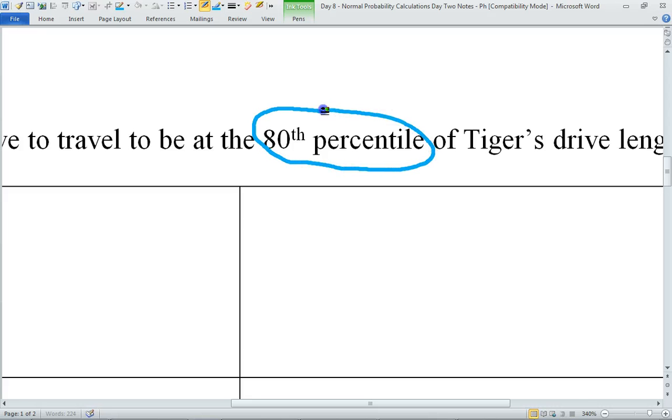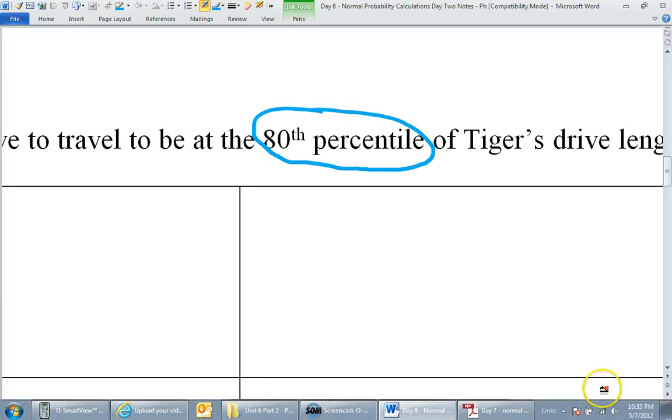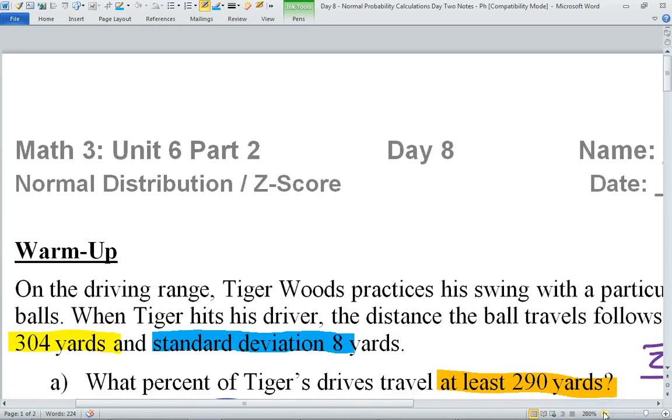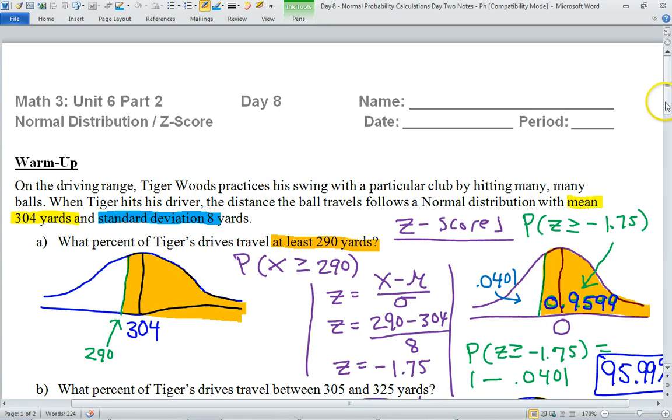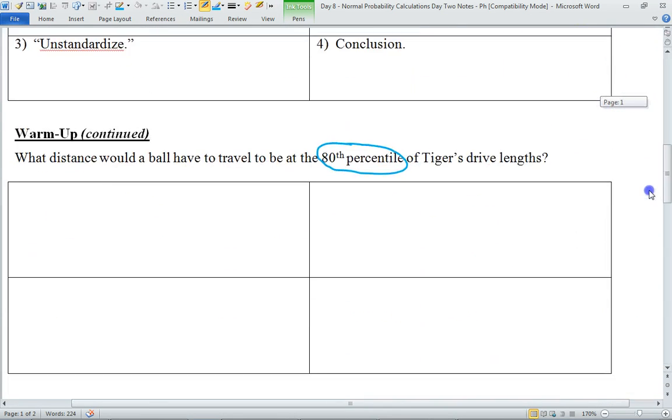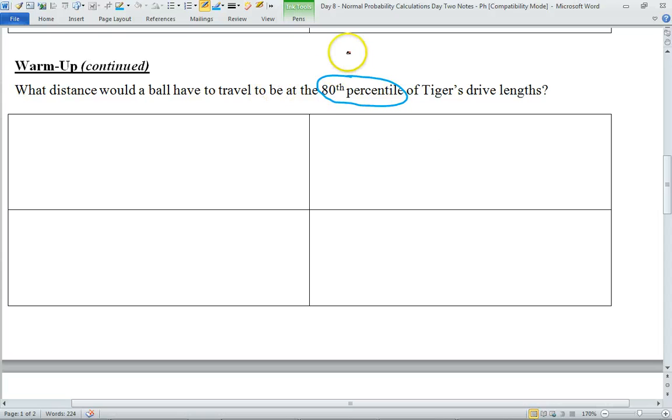Now, just watch out for this. If you're given the percent, understand that we're going to do the whole process backwards. So, what distance would a ball have to travel to be at the 80th percentile?